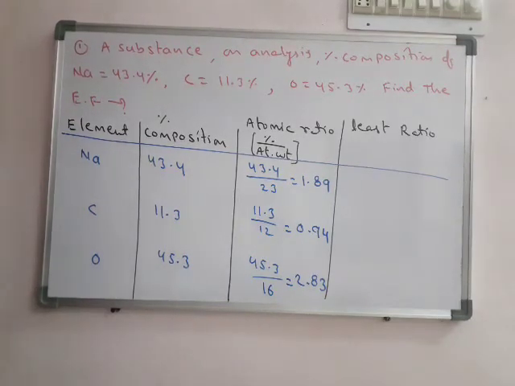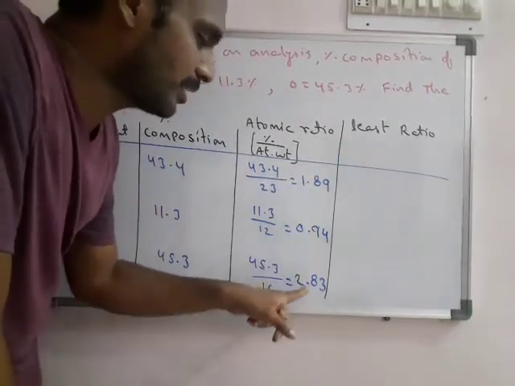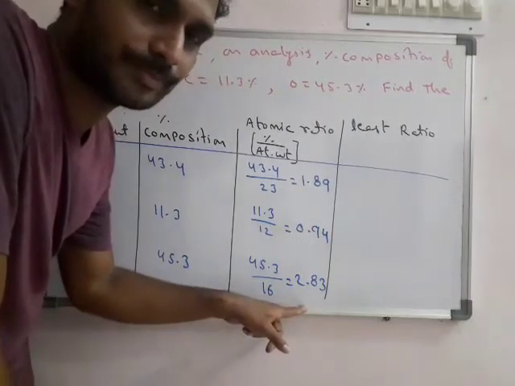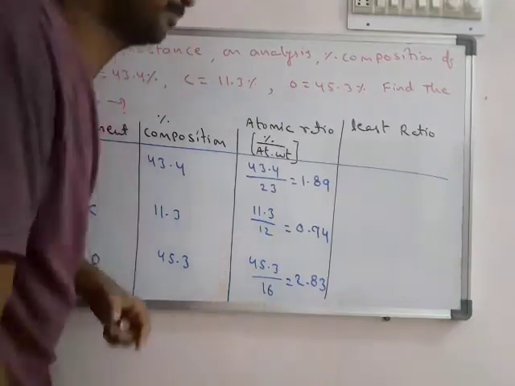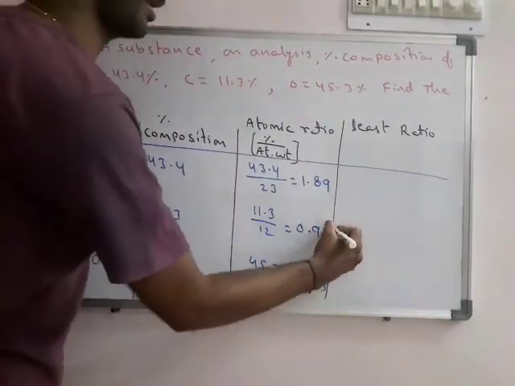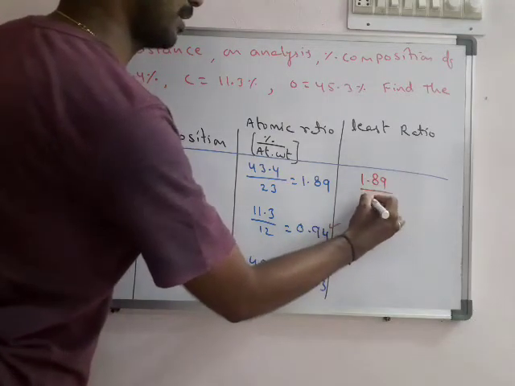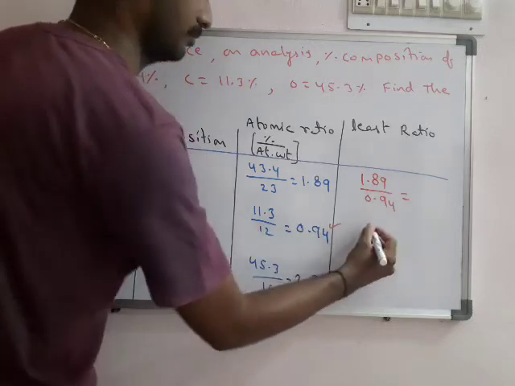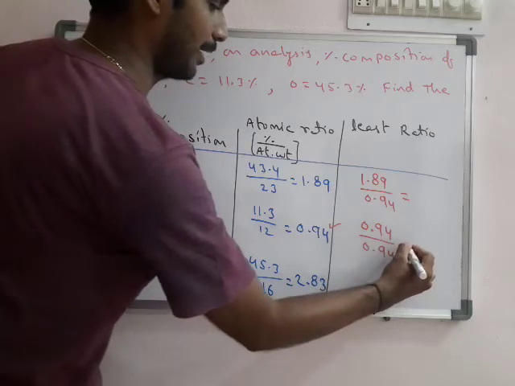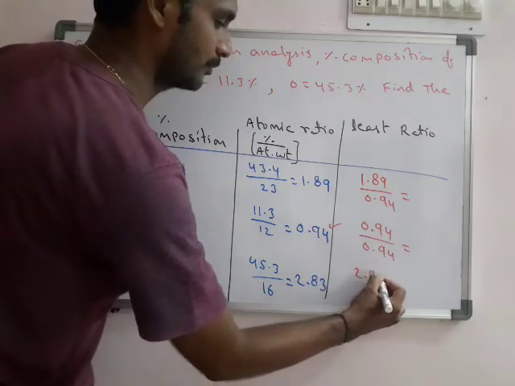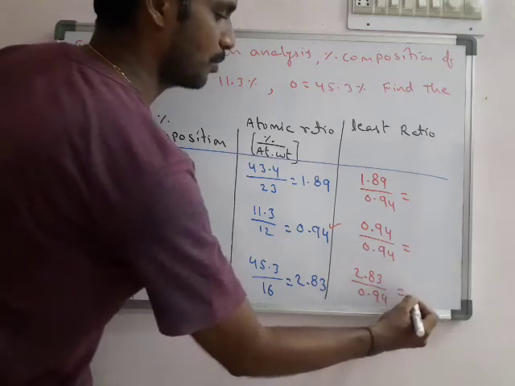Next, what is the least ratio? We need to divide all these ratios again by the least ratio. What is the least one here? 0.94 is the least. So 1.89 by 0.94, 0.94 by 0.94, again 2.83 by 0.94.